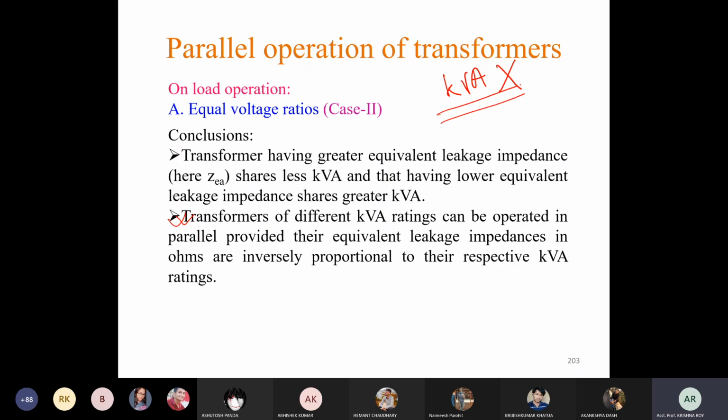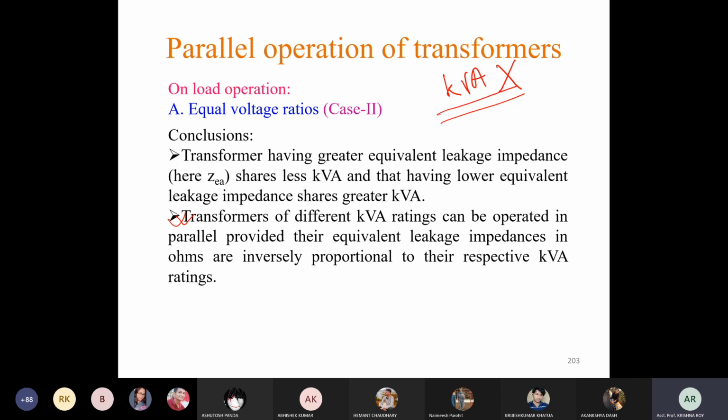Transformers with unequal kVA ratings can be operated in parallel provided their equivalent leakage impedances in ohms are inversely proportional to their respective kVA ratings, or the per unit leakage impedance based on their kVA rating must be equal. Then only we can operate different transformers with different kVA ratings in parallel.